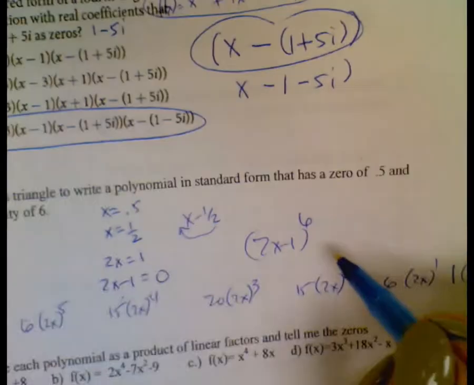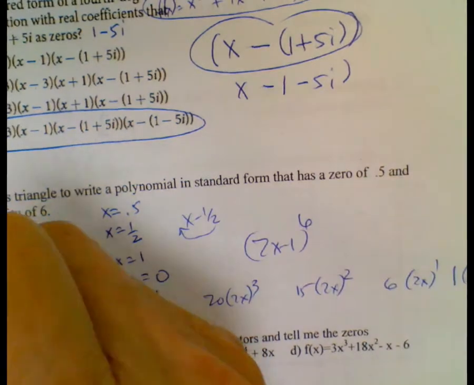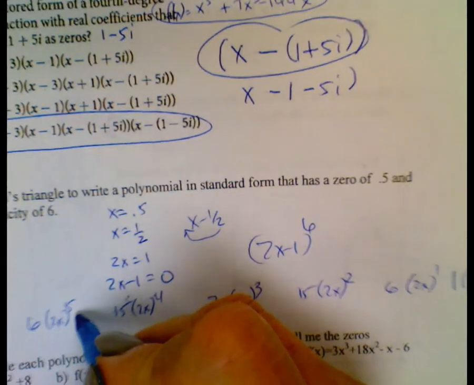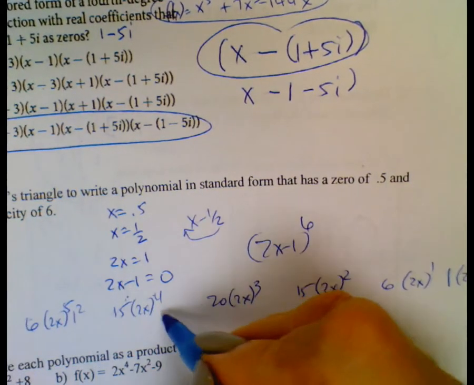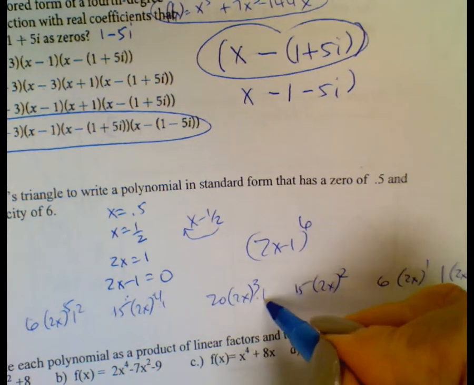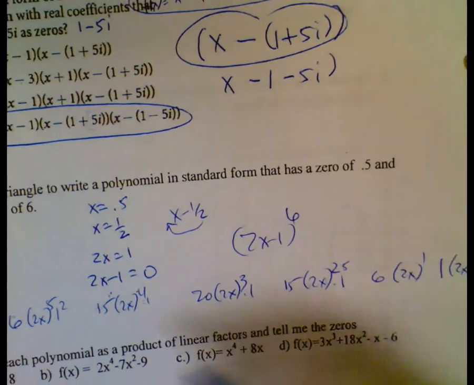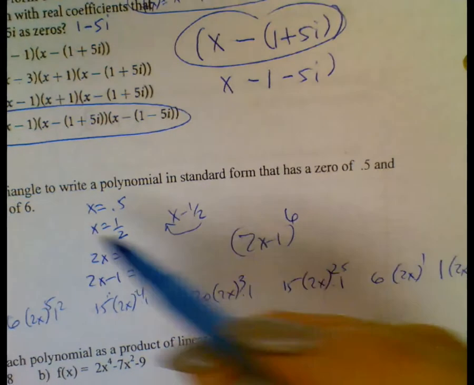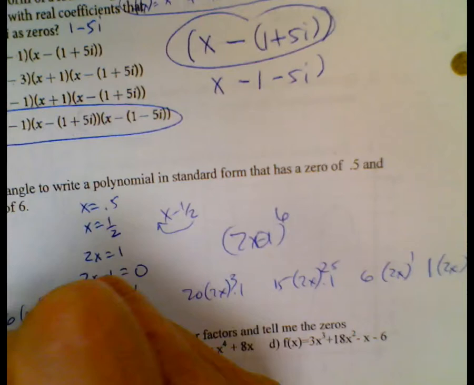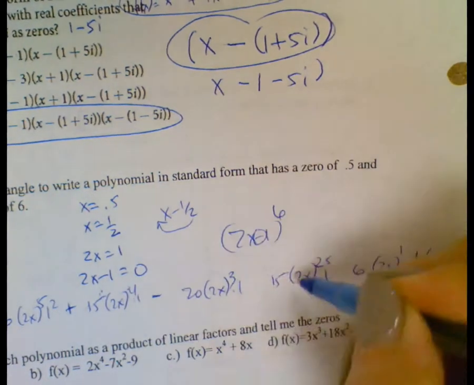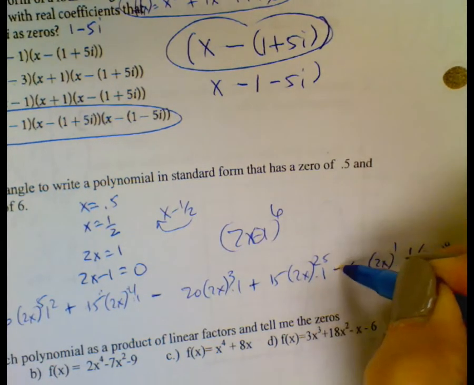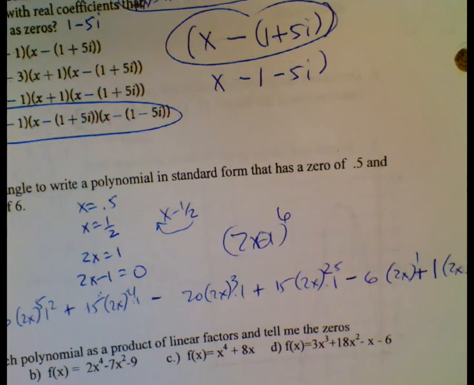And then the next one is 1 to the 6, so this is just 1. 1 squared is still 1. 1 cubed is still 1. So it doesn't matter about the ones. But the sign is negative, so they're going to alternate: negative, positive, negative, positive, negative, positive.